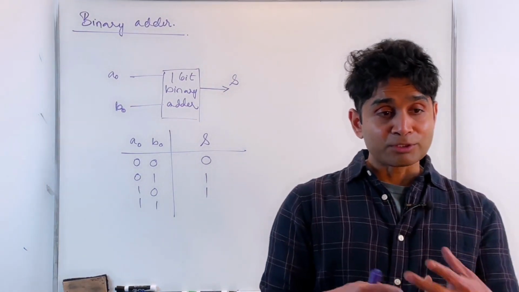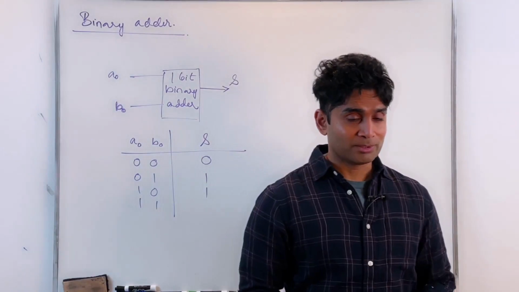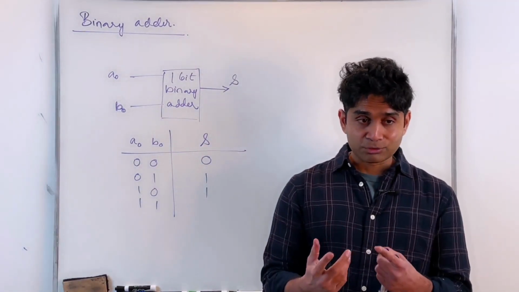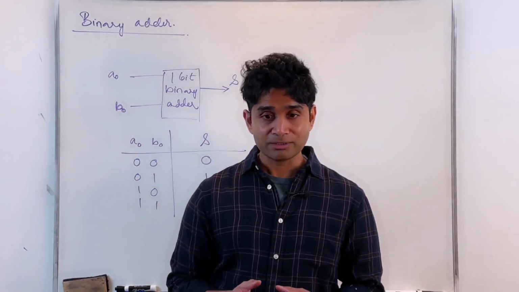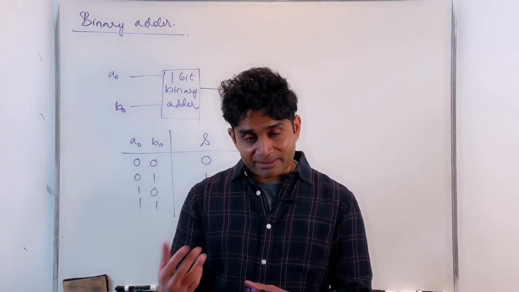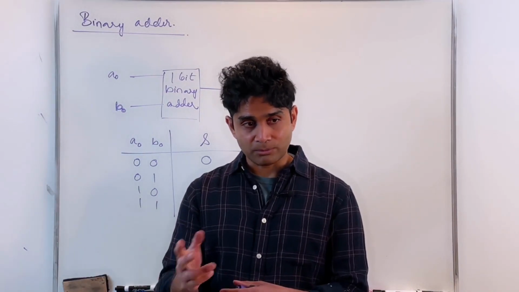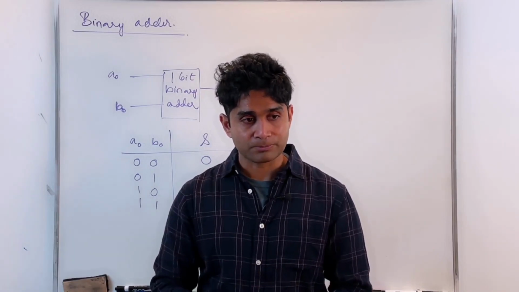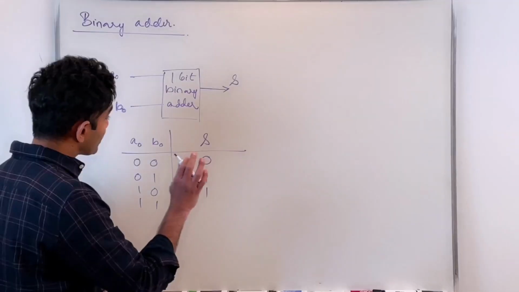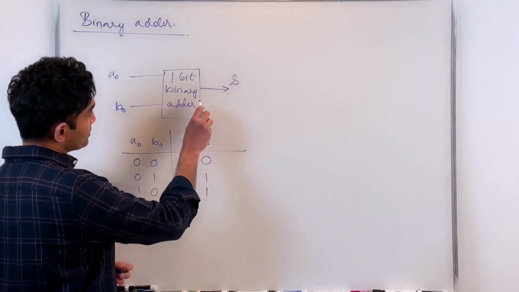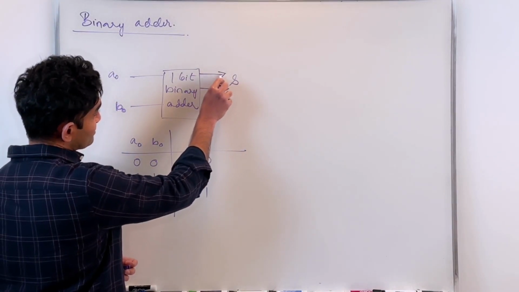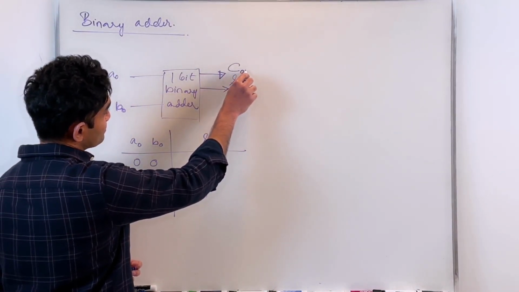1, 0, right? 1 plus 1 is 2. It's not 0. I'm trying to add those two bits. So 1 plus 1 is 2, and 2 in binary is expressed as 1, 0. As a 2-bit number, it will be 1, 0. So I need to have another output. Let me call that carry out.